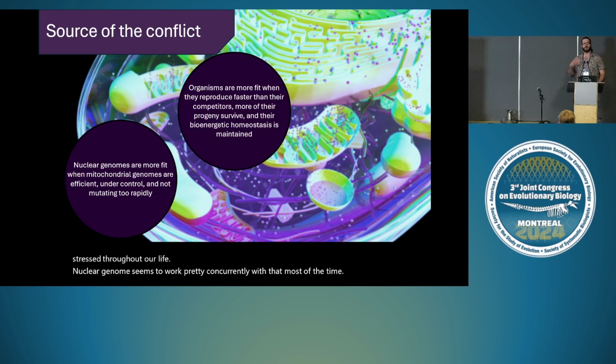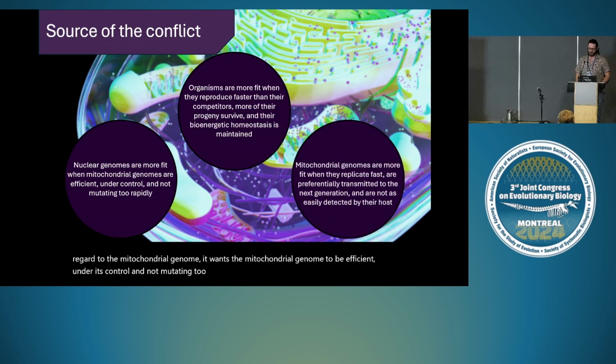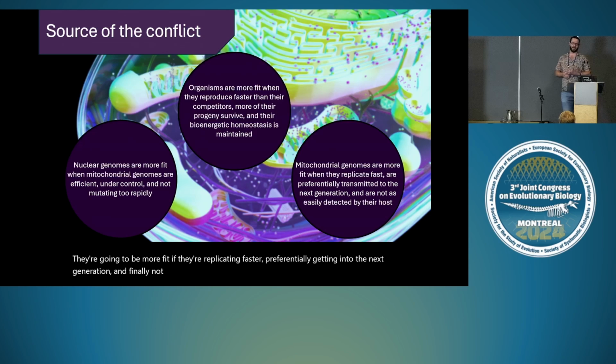But when we are talking about the nuclear genome and the selective pressures on it with regard to the mitochondrial genome, it wants the mitochondrial genome to be efficient, under its control, and not mutating too rapidly. To contrast that, from the perspective of mitochondrial selection between mitochondrial genomes within a cell, they're going to be more fit if they're replicating faster, preferentially getting into the next generation, and finally, not easily detected by their host.